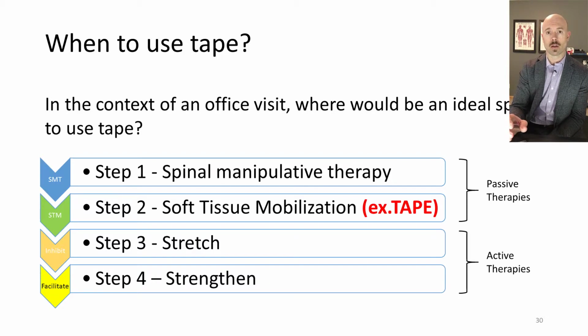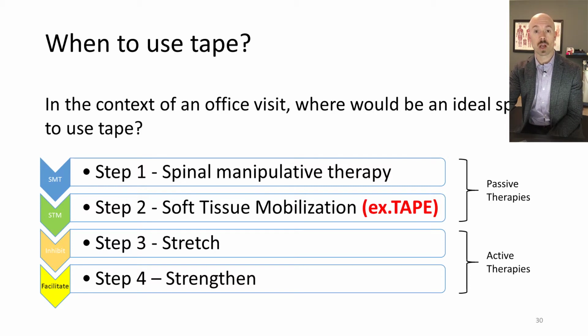And if we use this, let's say after some kind of joint manipulation, we apply some tape. Again, those are tools that are being used to help facilitate better movement. So again, following up with some kind of exercise for the patient would be beneficial at this point.